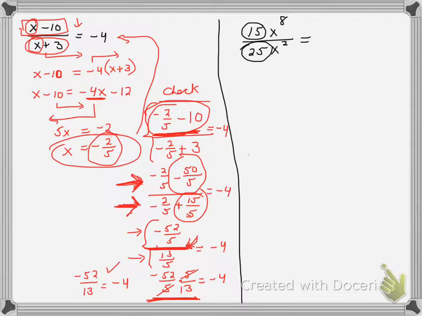And that would be 5, leaving me with a 3 in the numerator and a 5 in the denominator. Now, working on my x's, I have 8 x's up top and 2 down below. If I were to cancel out, I would be left with 6 up top. Another way you can look at that is you're subtracting. The exponents, 8 minus 2 is x to the 6th in the numerator.